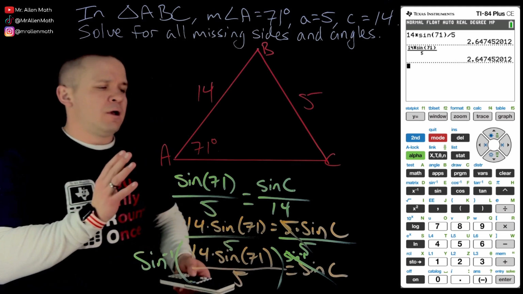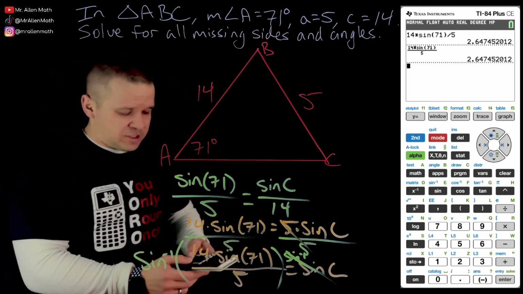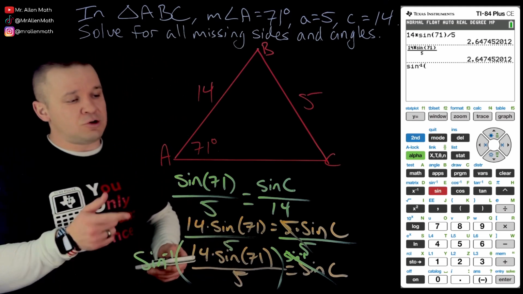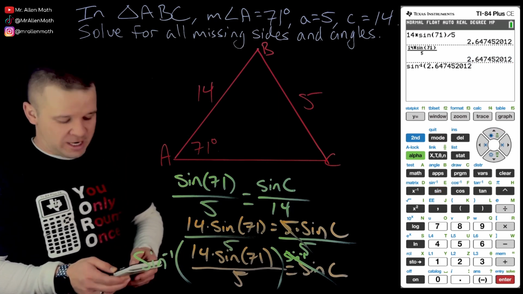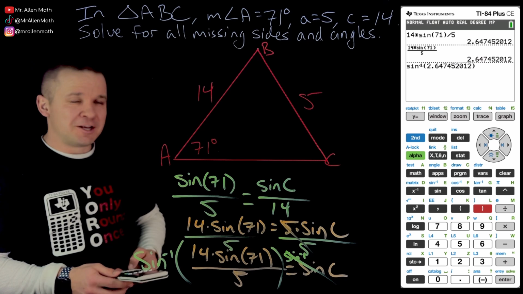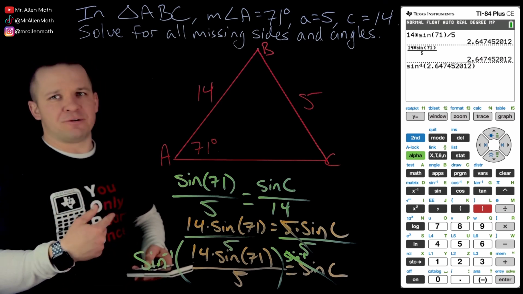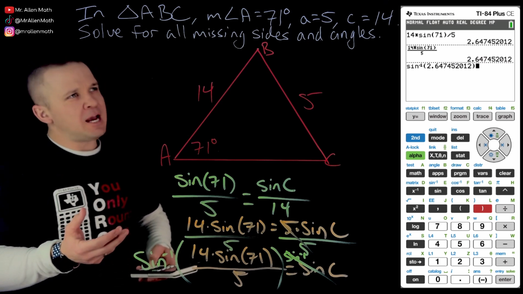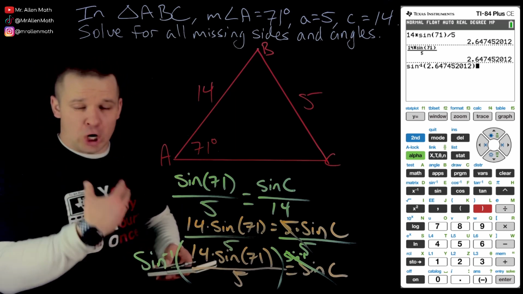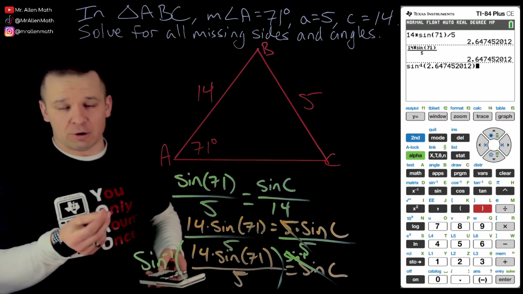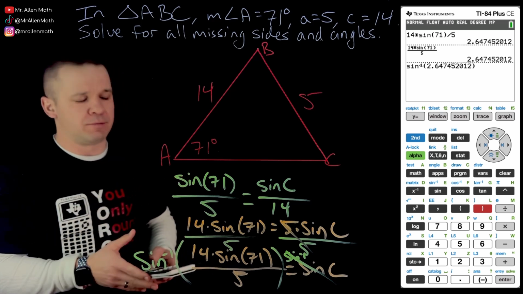Now I would take the sine inverse of that. The reason I typed this in is so you could see that number there, 2.647 and change. Sine is opposite over hypotenuse. That's its ratio, and the hypotenuse is the longest side. So if I take a number and divide it by something larger, I should get a number between 0 and 1 if we're talking all positive numbers.